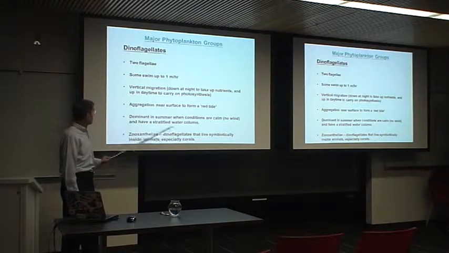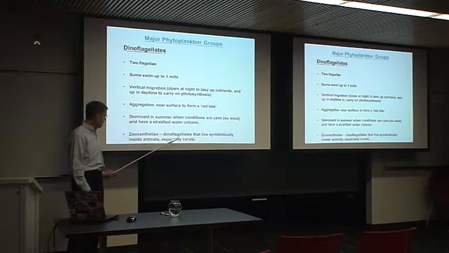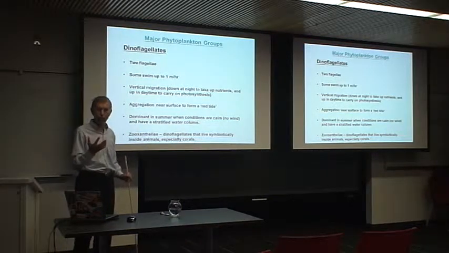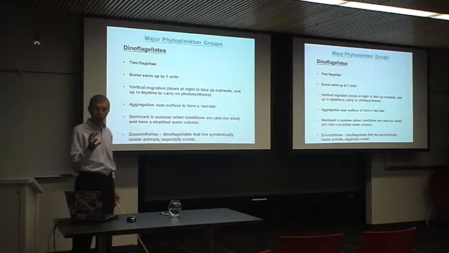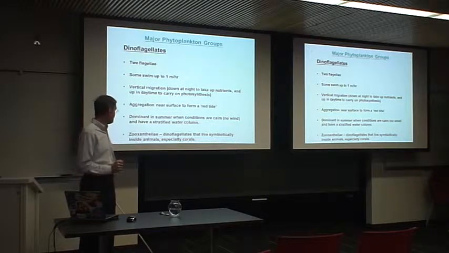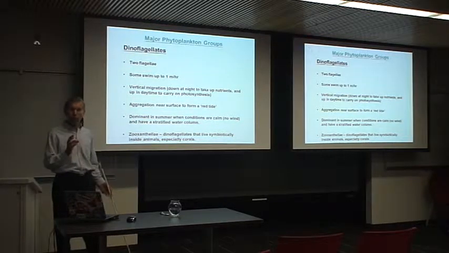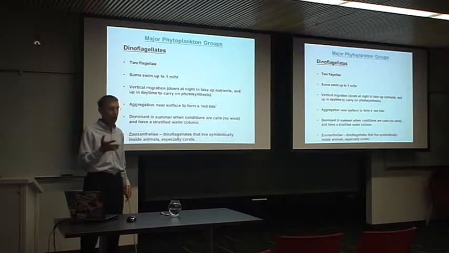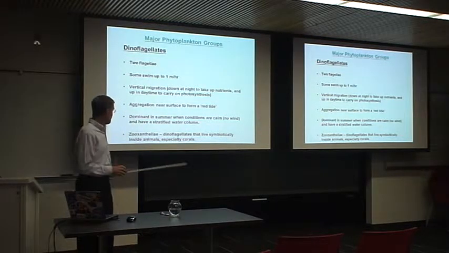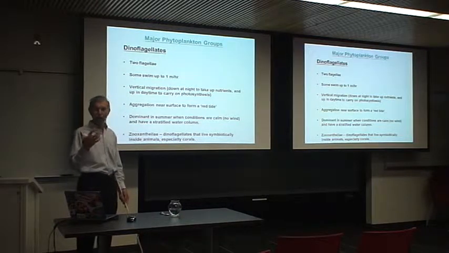Some of these dinoflagellates can actually grow inside of corals. If you look at a healthy coral, the healthy coral will look brown in color. That's because you have a plant living inside the animal, and they both benefit, which we call symbiosis. These corals, when they get too warm or they have some stress situation, expel these dinoflagellates and they become white.